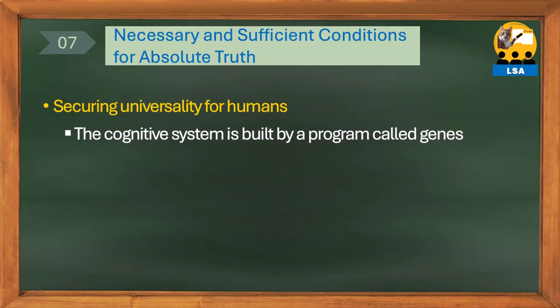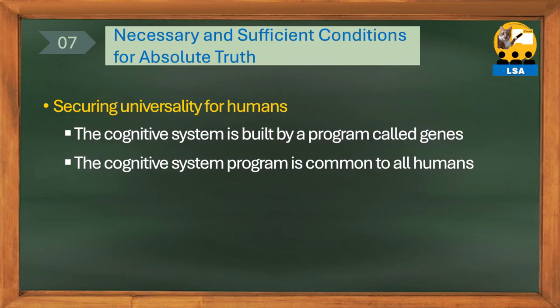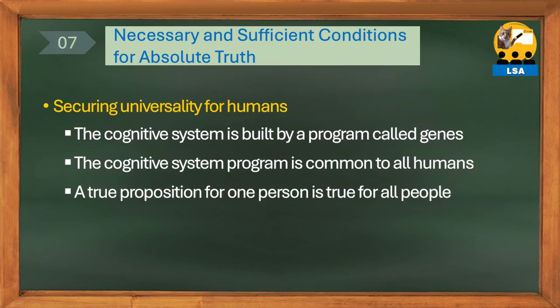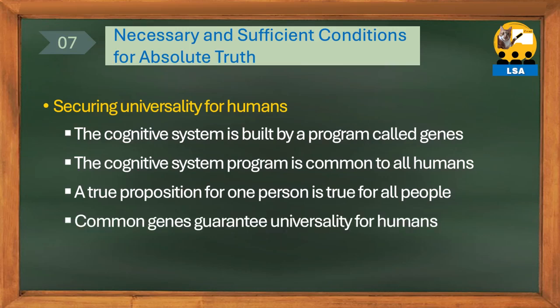Also, the program of the cognitive system possessed by humans is common to all humans as a common noun. Therefore, everyone's cognitive system is the same, and as a result, a true proposition for one person is also a true proposition for all other people. If I have a red apple, others also have a red apple. In conclusion, the common genes of the cognitive system possessed by humans guarantee universality for humans.